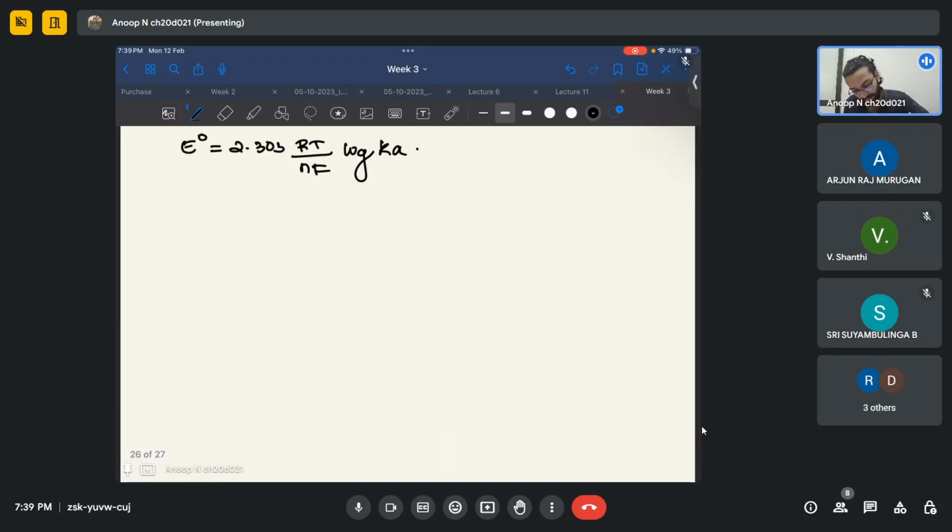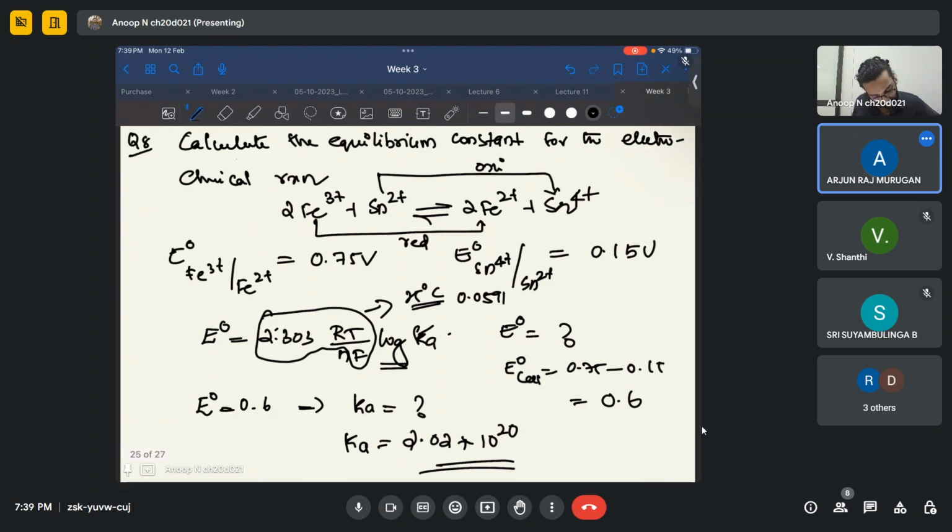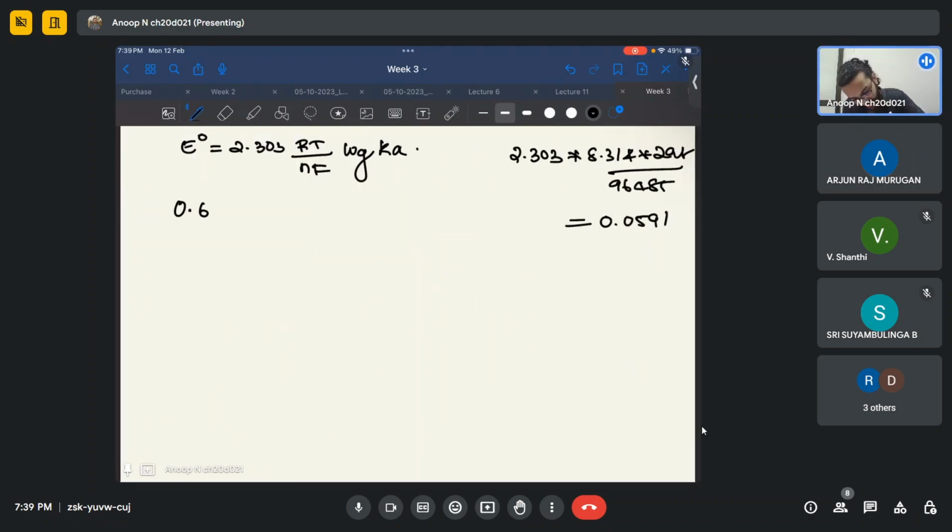So we already have the value 2.303 into 8.314 into 298 divided by 96485, which is 0.0591. E0 we have calculated as 0.6, so 0.6 is equal to 0.0591 divided by 2 log K.